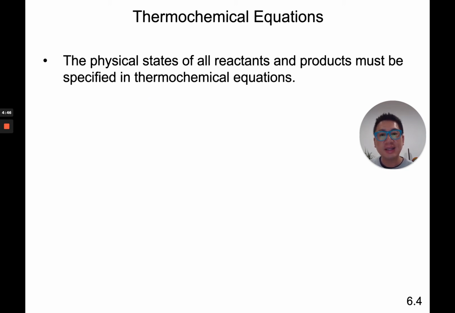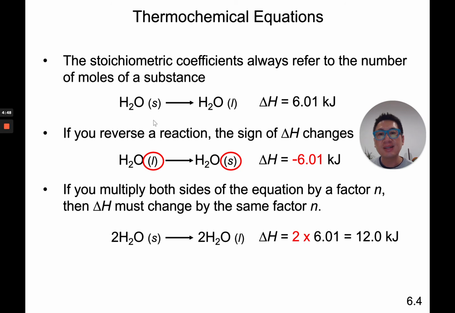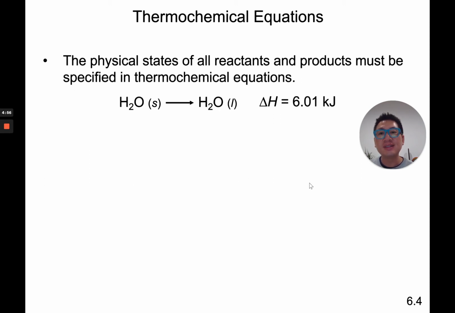Going back to that last slide, notice solid, liquid, liquid, solid. So if we flipped it, these numbers would literally flip. So this is here solid and liquid. If it was solid to gas or liquid to gas, this would be a completely different number. I don't know what the number is off the top of my head, but that would not be the amount of energy. So the state of matter does matter in this case.